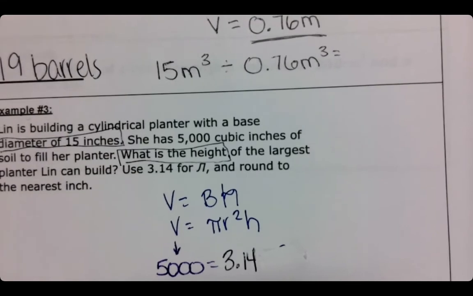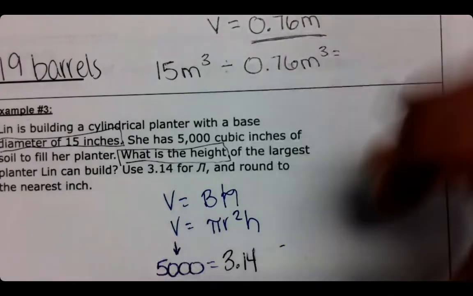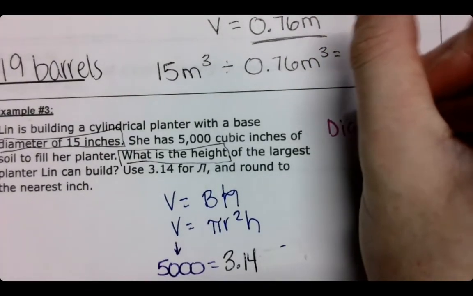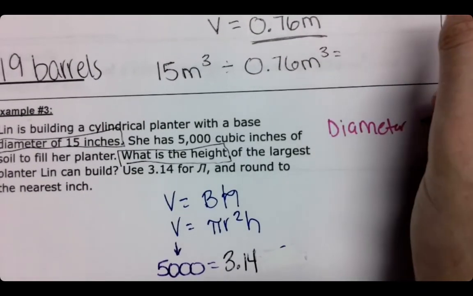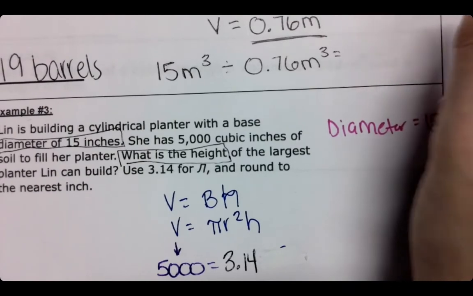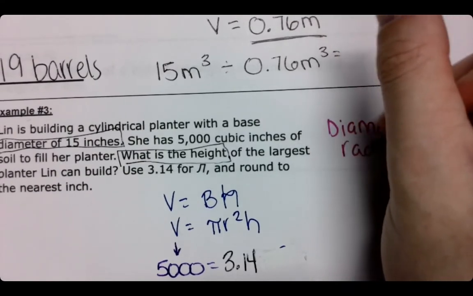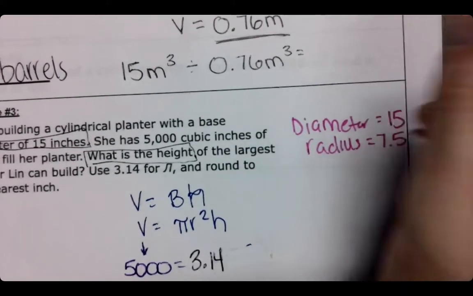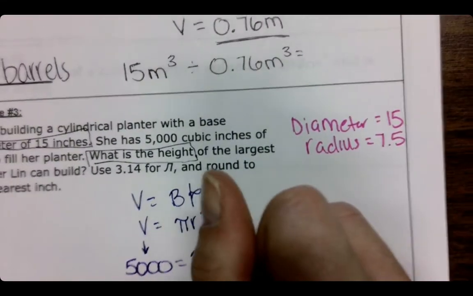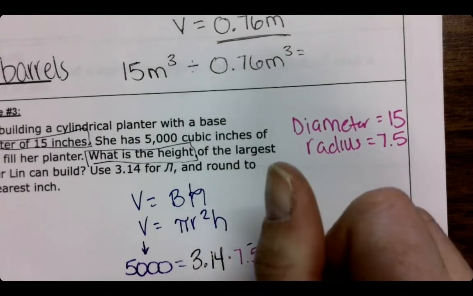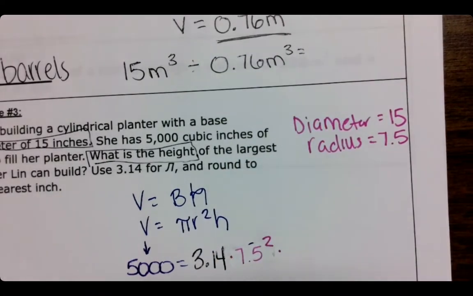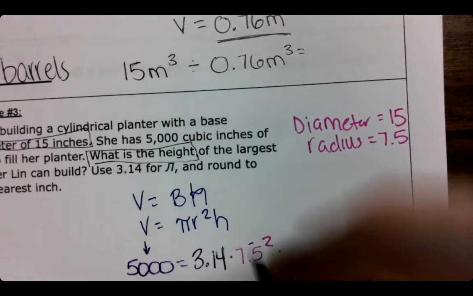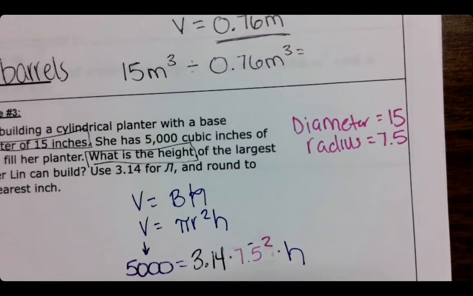So, what is my radius? Well, if my diameter is 15, then my radius is what? 7.5. So, times 7.5 squared. And then we don't know what the height is.